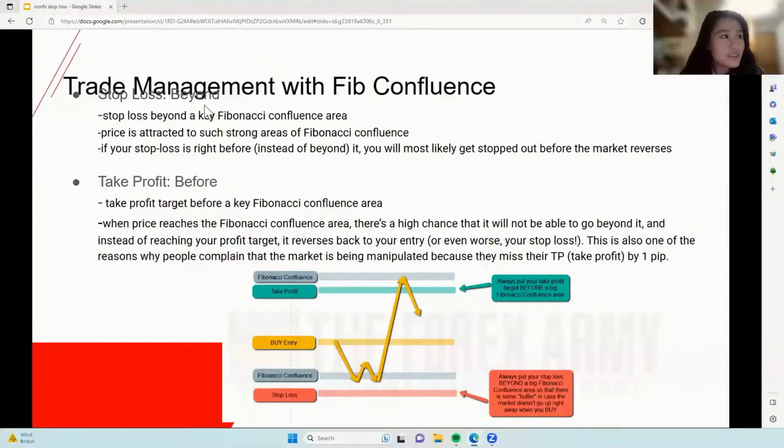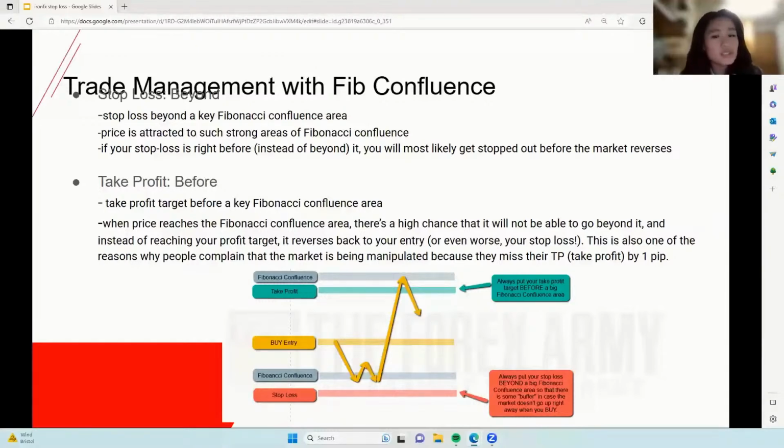Okay, sorry about the mess over here, but this is just to recap the stop loss beyond, take profit before concept, but in the context of Fibonacci confluence. So stop loss beyond still stays, and you want to place it beyond a key Fibonacci confluence area.